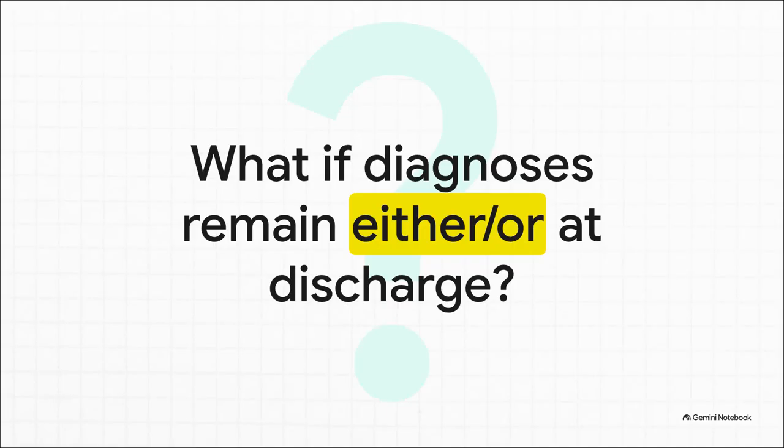So what happens when a doc throws an either-or at you at discharge? Imagine reading a discharge summary that says the patient's severe chest pain was either unstable angina or esophageal reflux. The physician, frankly, just isn't sure. Now, outpatient rules would tell you to just code a symptom, but inpatient rules? Completely different ballgame.